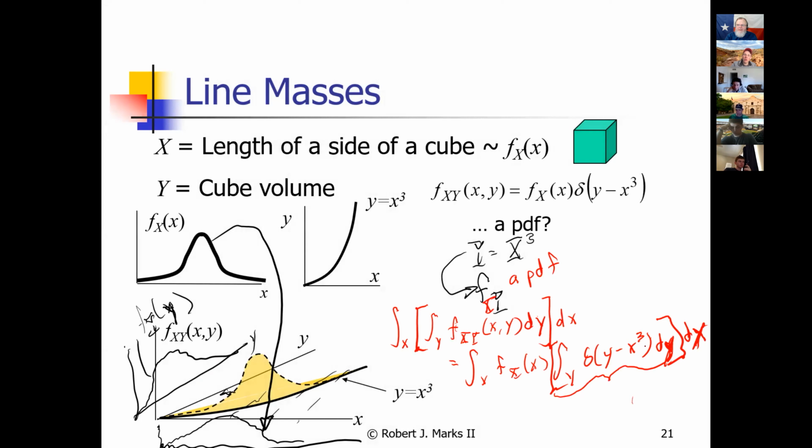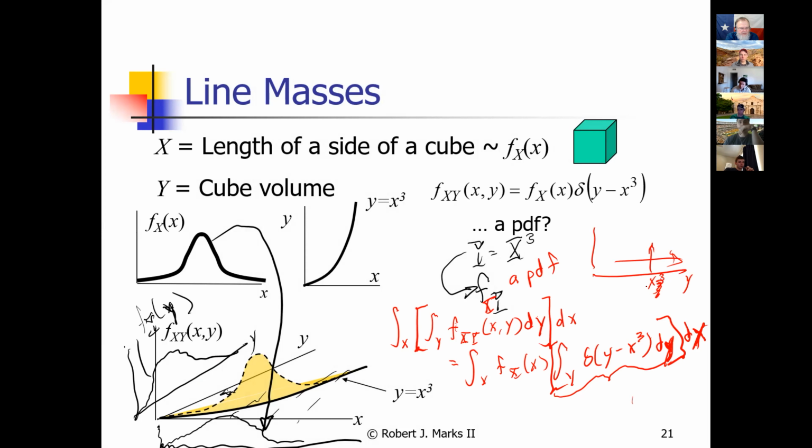Don't forget, you treat x cubed as a constant here. So this is the area under a function where y is equal to x cubed, and there you have a Dirac delta. What's the volume here, or the area? I'm sorry, not x sub 3, x cubed.